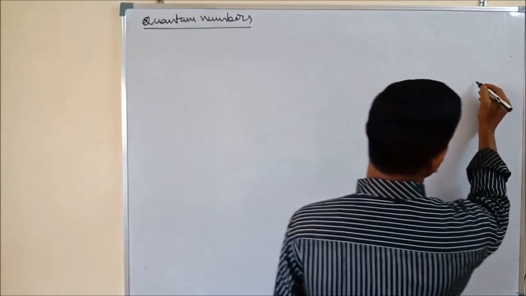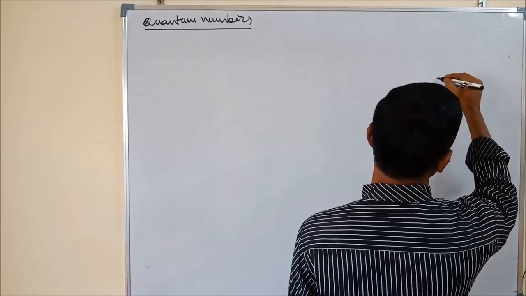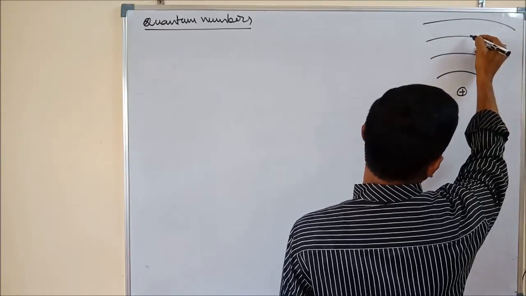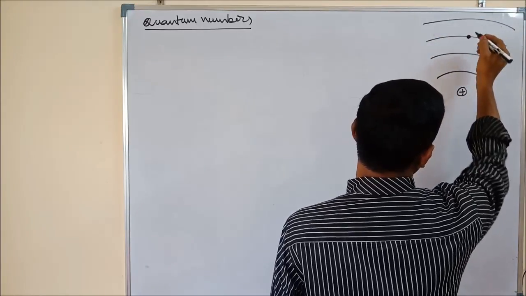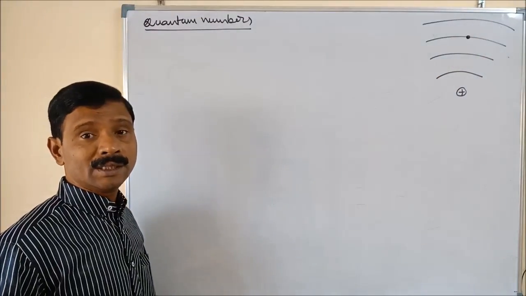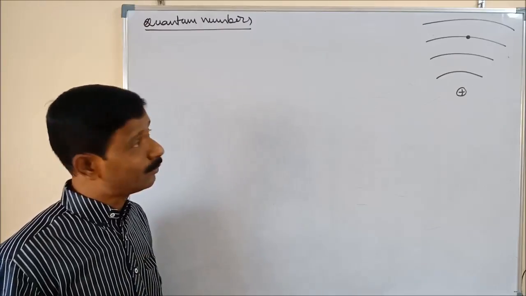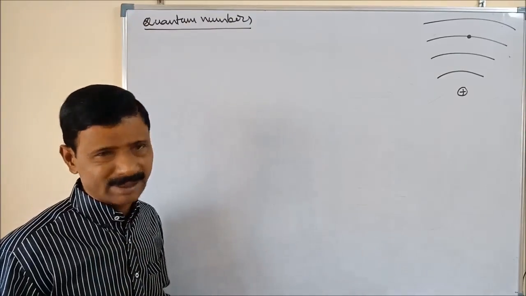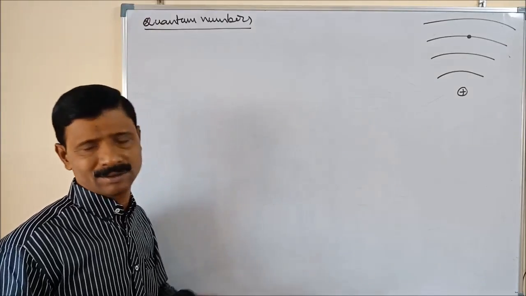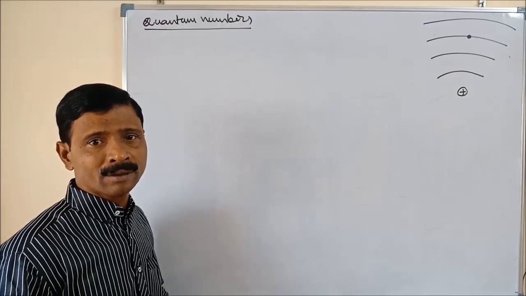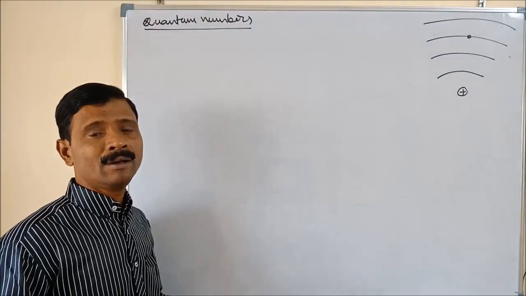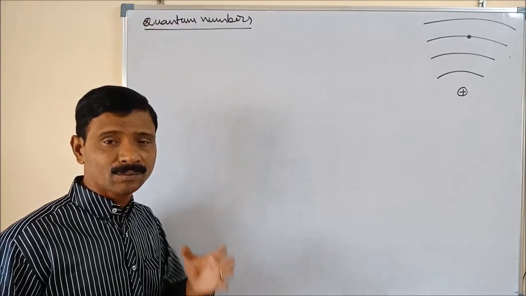See, suppose here there is the nucleus of an atom and we are having different orbits. For example, if an electron is in the third orbit, and you want to describe that electron in detail regarding its position or angular momentum or whatever important characteristics we have for the electron, to explain those characteristics we have a set of 4 numbers.